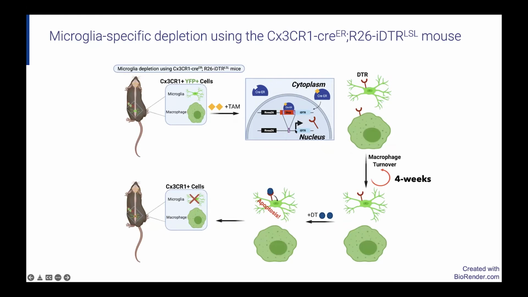And so we basically developed these mice that when the tamoxifen activated CRE enters the nucleus, the stop codons are removed and you get expression of the diphtheria toxin receptor. Again, it's going to be in both microglia and macrophages, but then once macrophages turn over, we get expression of that receptor only in microglia, so that when we dose with diphtheria toxin, we're only going to deplete microglia. So again, it allows us to really separate out the effects of the peripheral from the central cells.